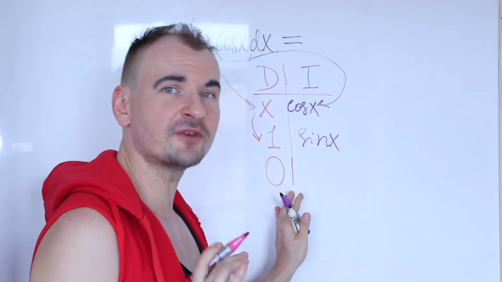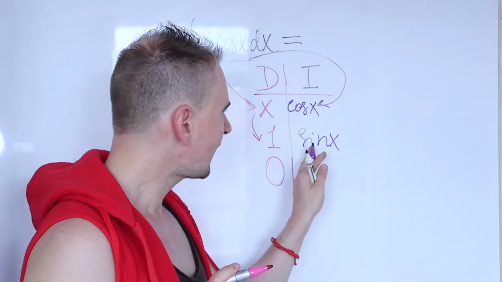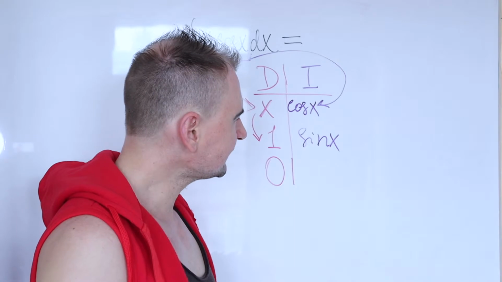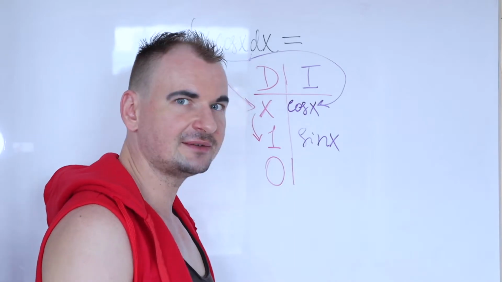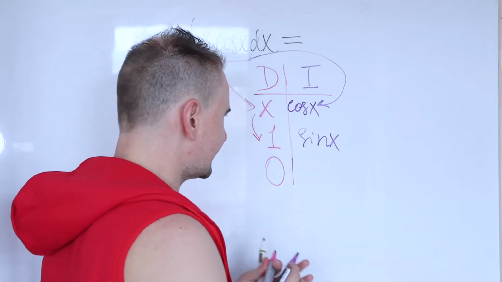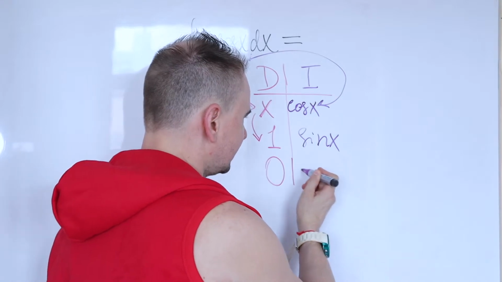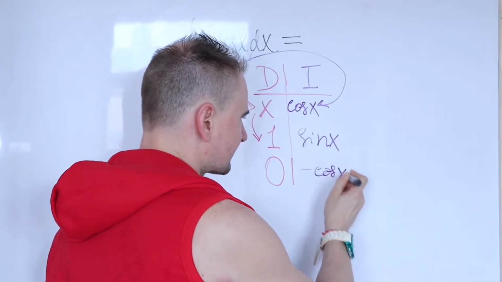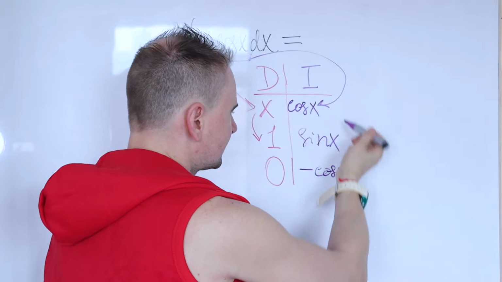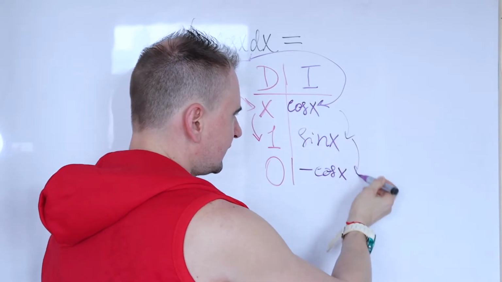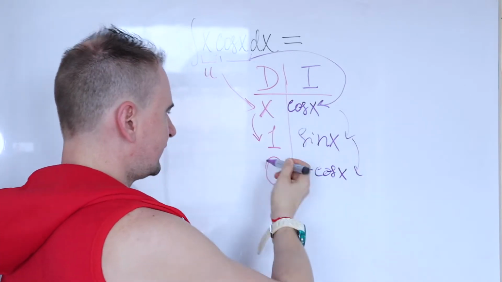And at this point we are going to stop. And the integral of sine is negative cosine. So I'm going to write it over here. So negative cosine x. So again we integrate and we differentiate.